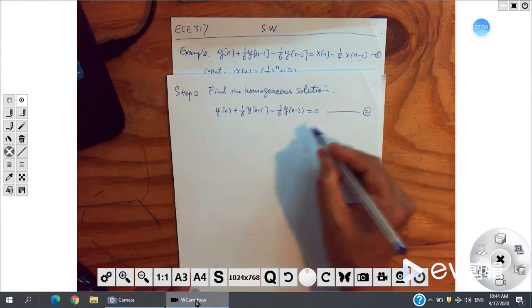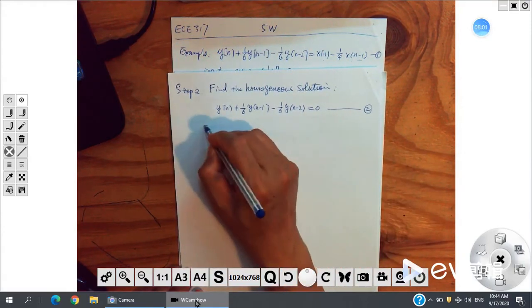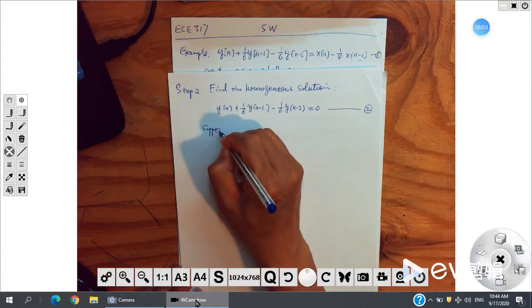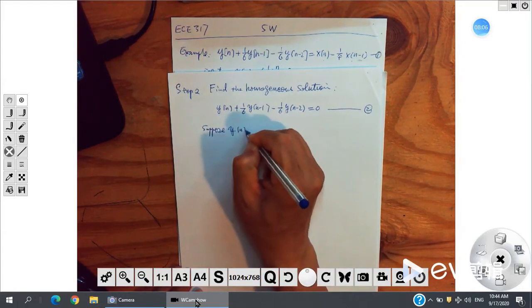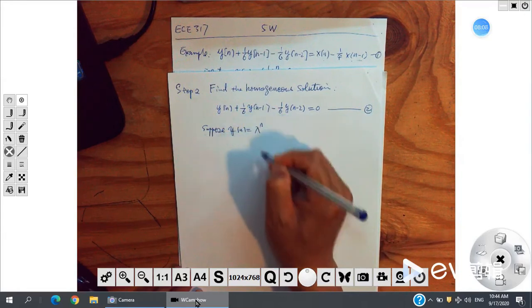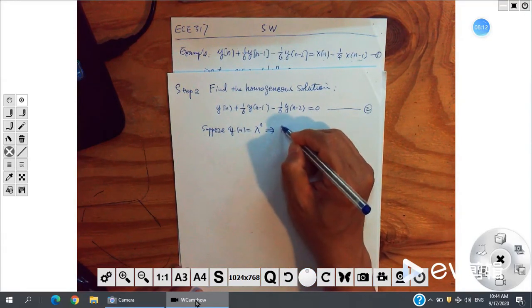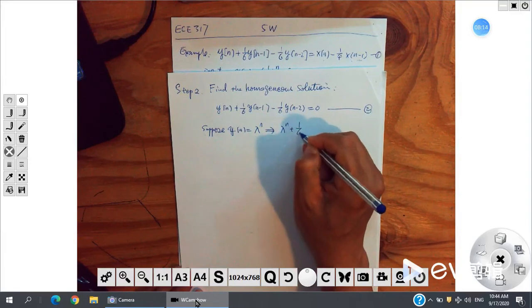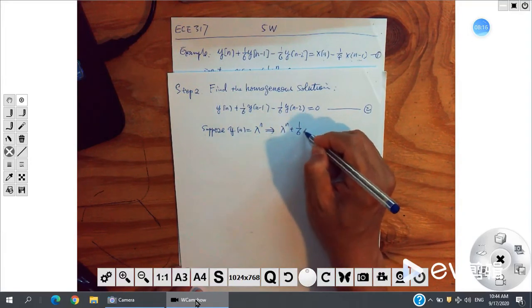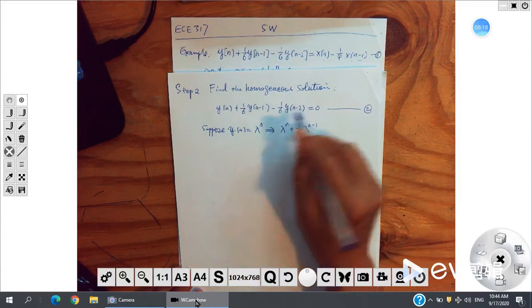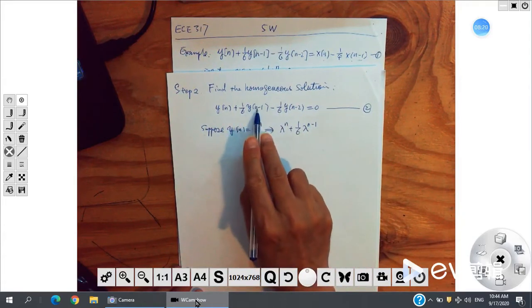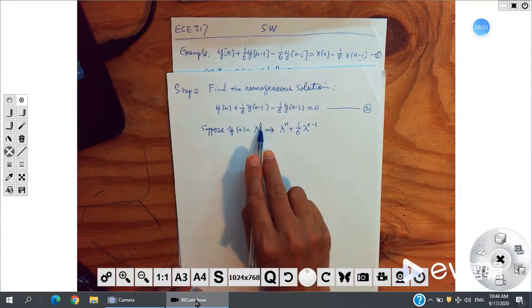Okay, so to solve this one, you just suppose y of n equal to lambda to the n. Then you have lambda to the n plus 1/6 lambda to the n minus 1, right? Y is lambda to the n. For y of n minus 1, you just replace n by n minus 1.